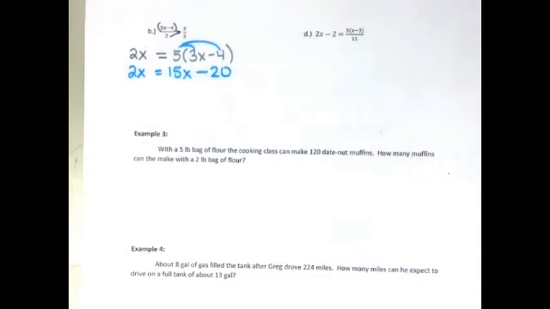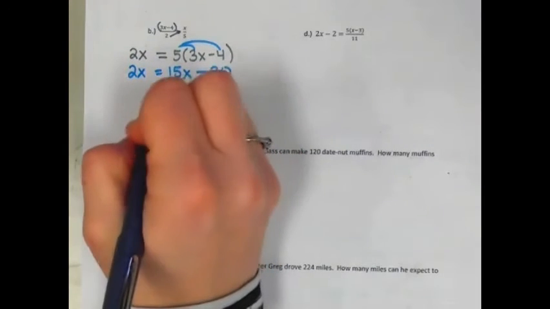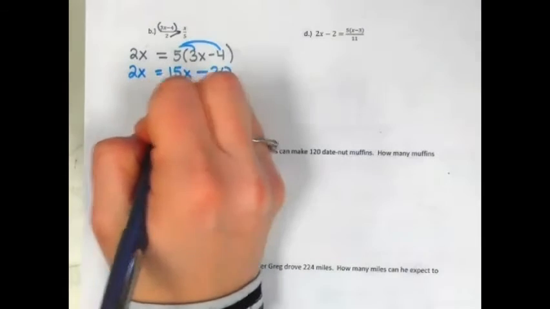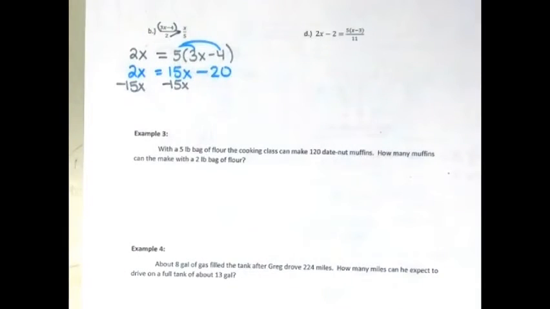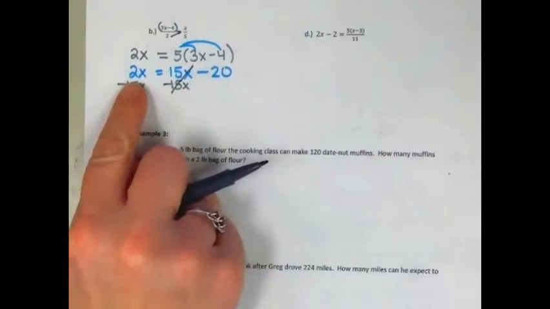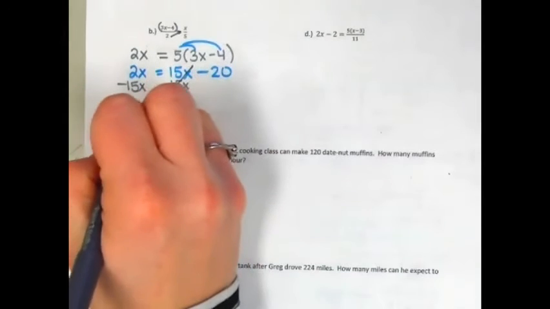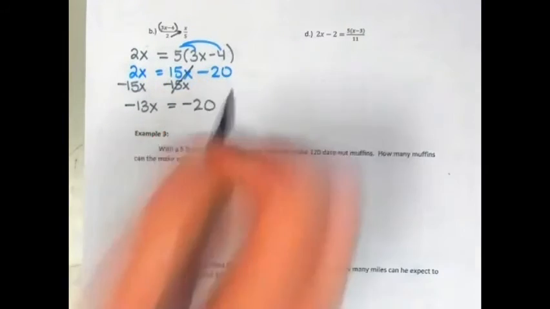Negative 20. So now, am I going to move that 2x or the 15x? The 15x. And how would I move the 15x? Subtract it. The reason we're moving the 15x is because x is by itself on the left side. If I move the 2x, you're going to add another step, right? You'll have a 0 on that side. So that will cancel. 2x minus 15x is negative 13x equals, we have a minus 20, so negative 20.